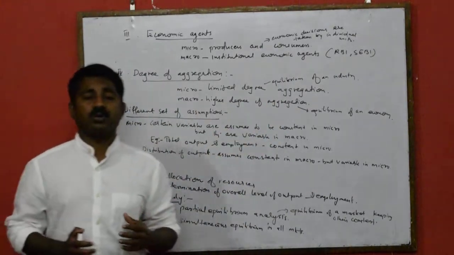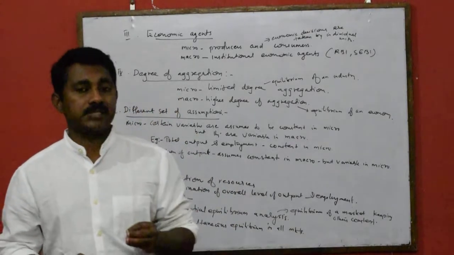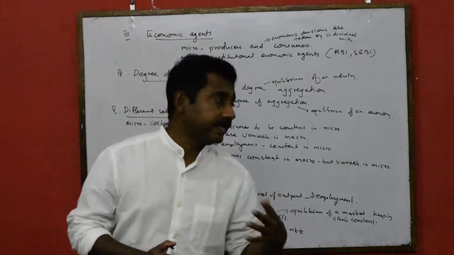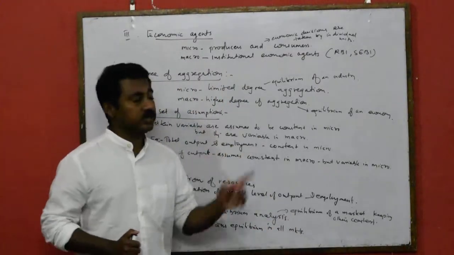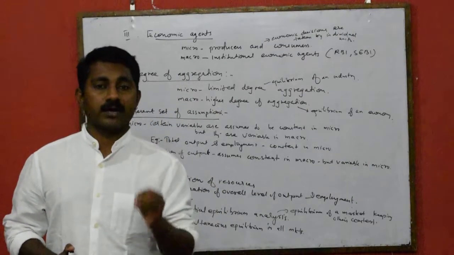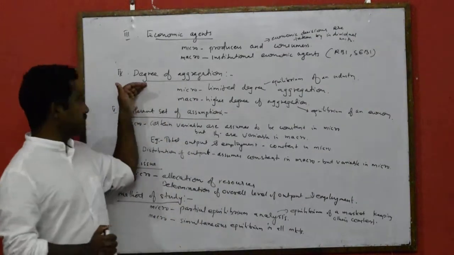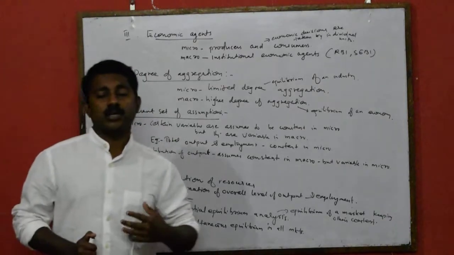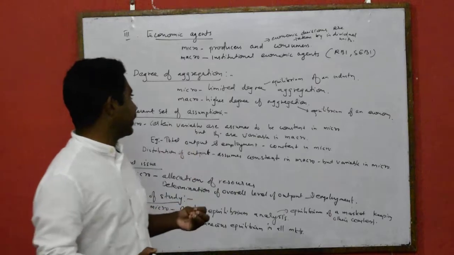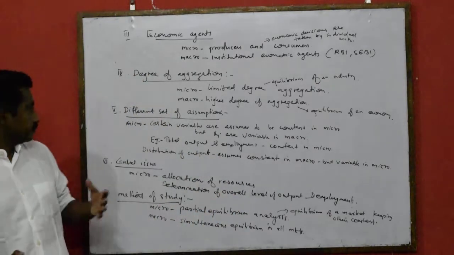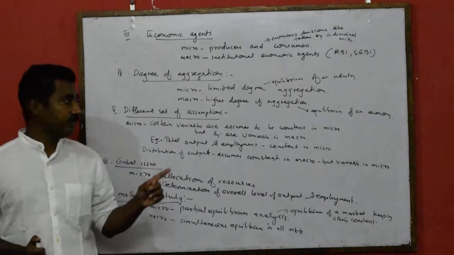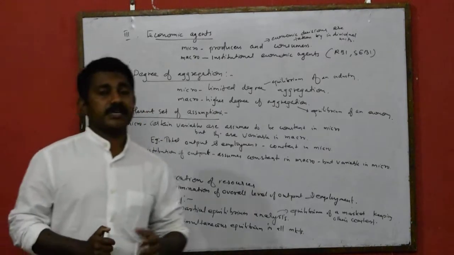The equilibrium of an economy is completely studied under macroeconomics. So, large figures are needed to be aggregated, and so there is higher degree of aggregation in case of macroeconomics. So the point is degree of aggregation: in micro there is only limited degree of aggregation, whereas in macroeconomics there is higher degree of aggregation.